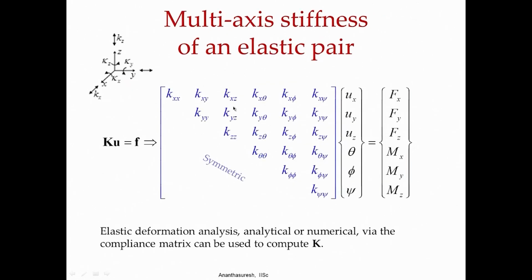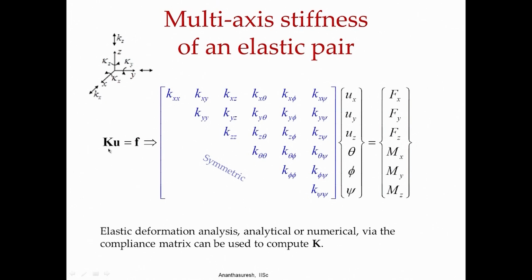If you want to look at it mathematically for small displacements, we can put that in this form, like a force displacement relationship, where u's are displacements, let us say ux, uy, uz, 3 translations, and theta rotation about x axis, phi rotation about y axis, psi rotation about z axis, and corresponding forces for translations and then moments for rotations.